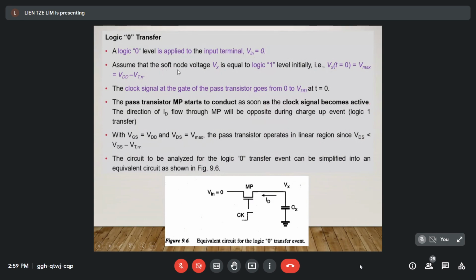Assume that the storage node voltage Vx is initially at logic 1 level, and Vx equals Vmax, VDD minus the Vt. Here already shown to you, except that Vx here is not Vmax, this is VDD.